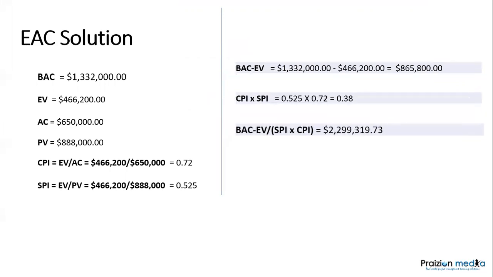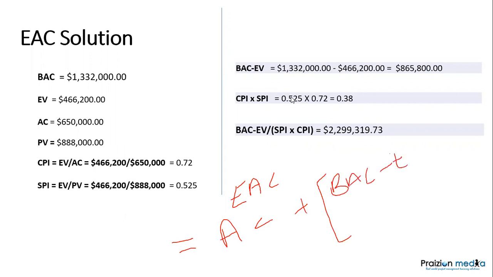And the right-hand side of the formula, which you already know, EAC is equal to AC plus the BAC minus EV divided by the SPI cumulative times CPI cumulative.